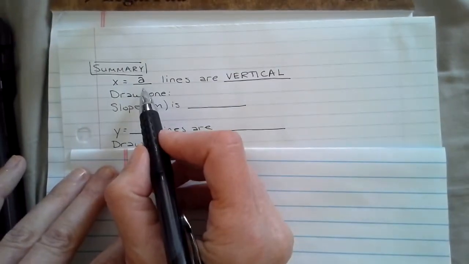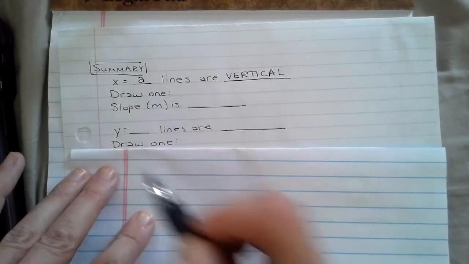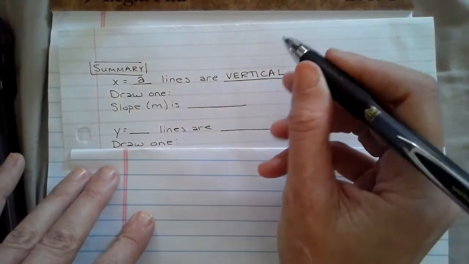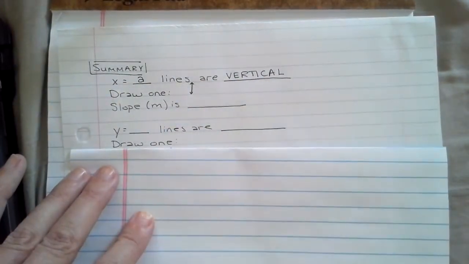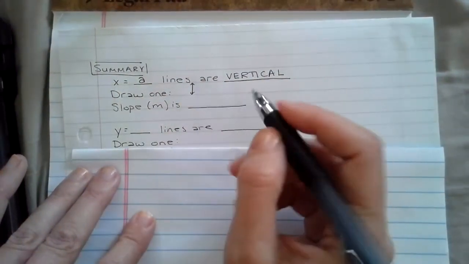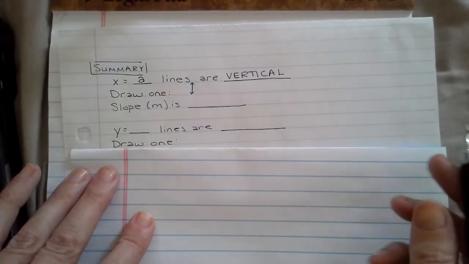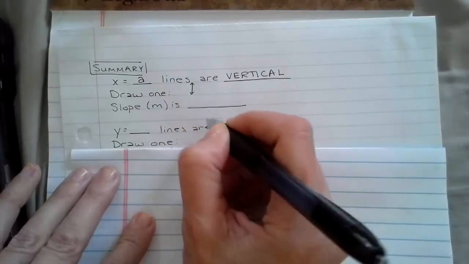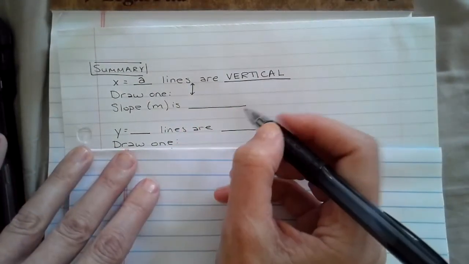He put a letter in there that's just supposed to be a constant. That's not a 2, that's an a. So x equals a lines are vertical. A is just some number. And then vertical lines go this way. I said draw one because some of us forget that. I always remember that horizontal goes like the horizon across the sky, and then vertical is the other way. And in these, the slope is, fill it in, your choices are 0 or undefined. Look at the line.